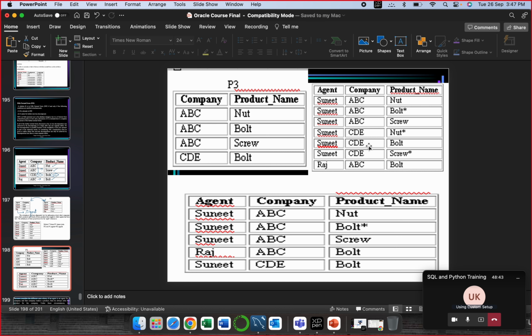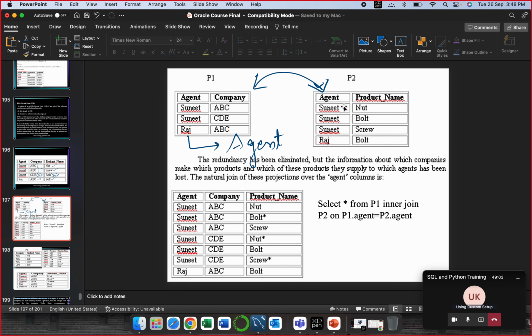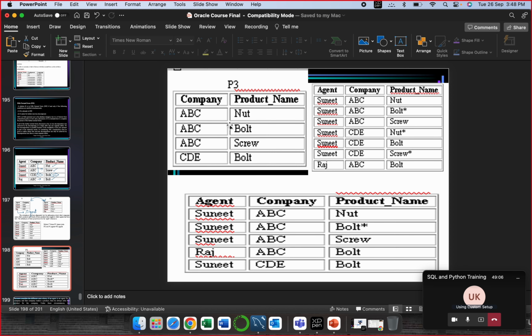This is after the join that we put. But now, Suneet ABC nut, Suneet ABC bolt, Suneet ABC screw, Raj ABC bolt and Suneet CD bolt is something that helps me identify. Now I have these tables with me: table P1, table P2 and table P3.